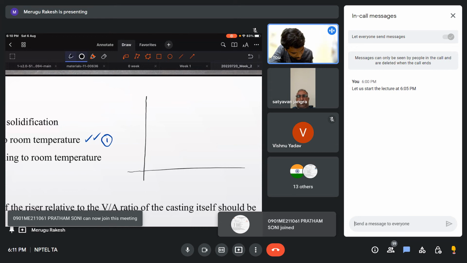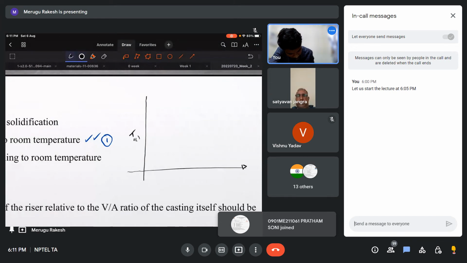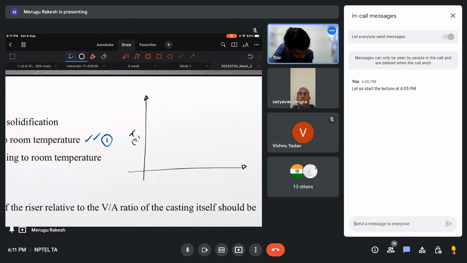So if I draw the temperature-time profile, say I am taking pure metal in this case. Say this is the melting point.